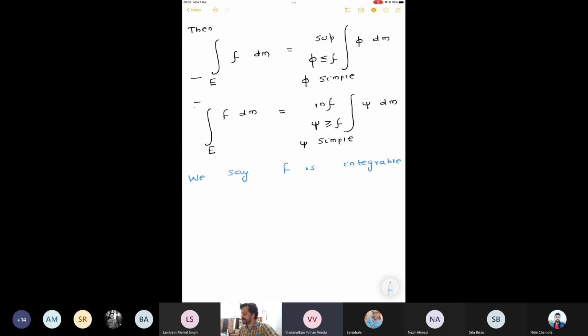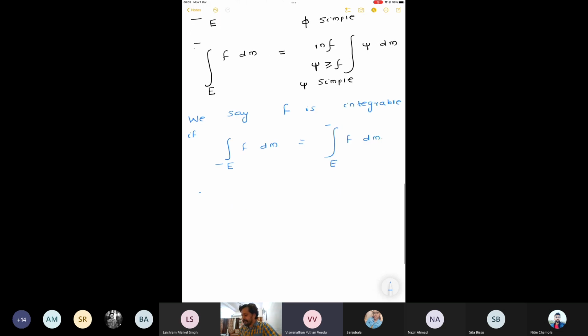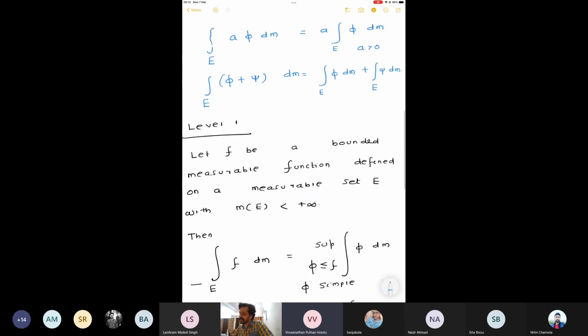Here, a function is said to be integrable if the lower Lebesgue integral coincides with the upper Lebesgue integral. And we know that this is possible if and only if f is measurable. And that's why we started with the right assumption that f is measurable.